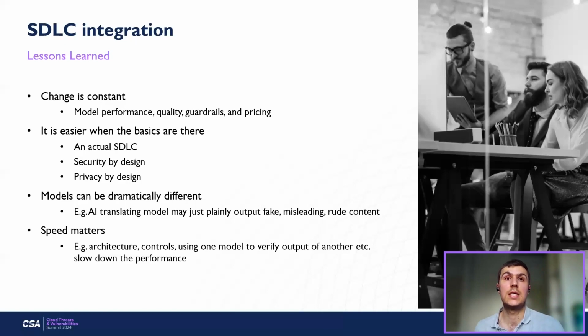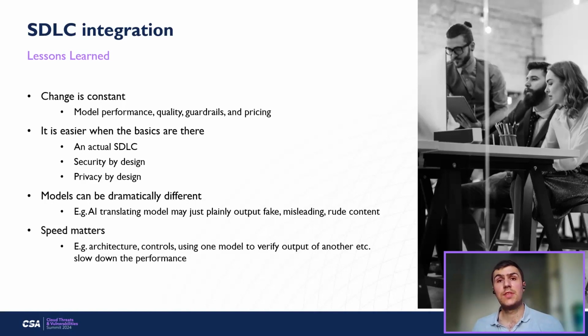If you have that, you already have your control framework in place, and you're just implementing new controls on top of something that already exists, which makes it way easier and faster, with less friction.